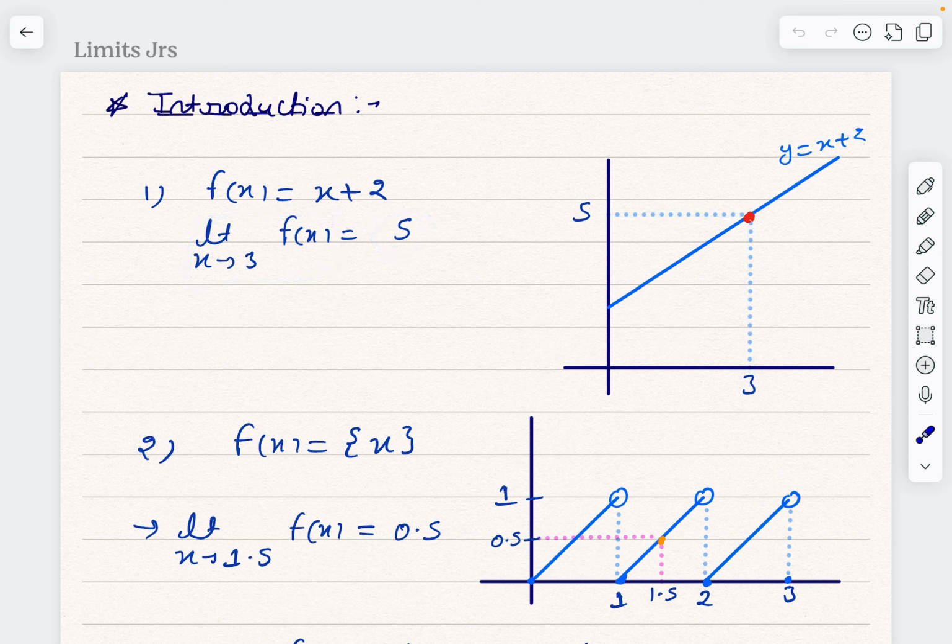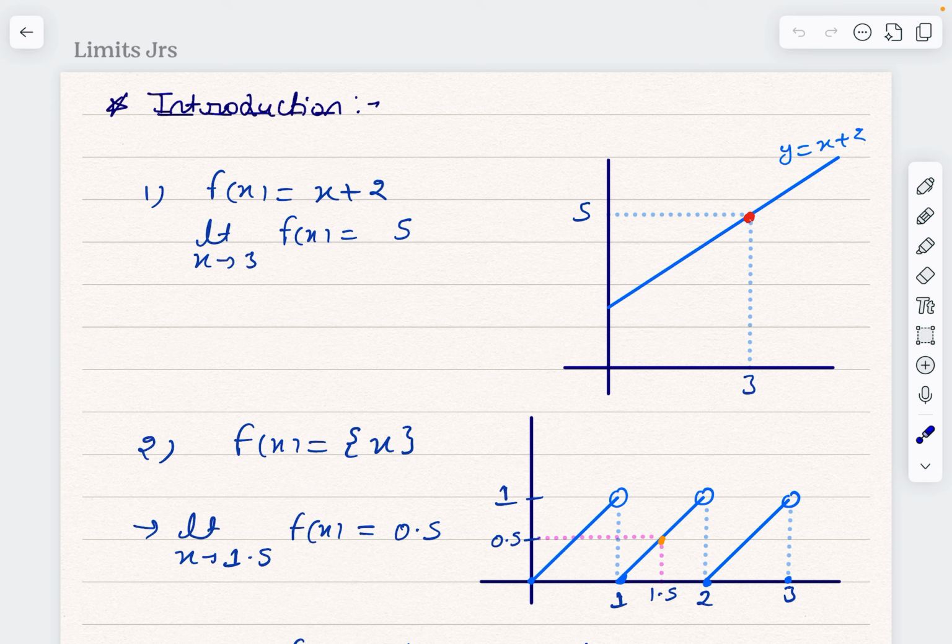In this particular case, when x is near to 3, it's not like 3.1 or 3.2, there'll be a very large difference. Near to 3 means like 3.00001, a very infinitely small difference. So when x is near to 3, we'll say the value of f of x is near to 5, or you can say the value of f of x is approaching 5.